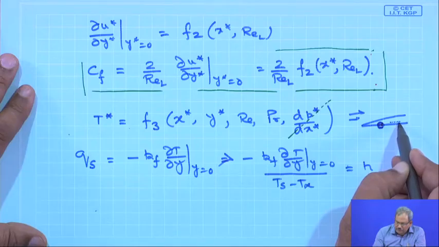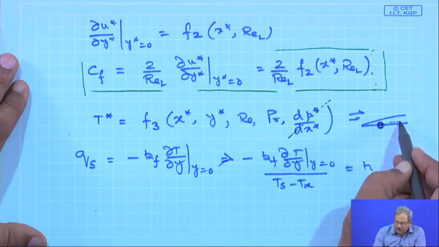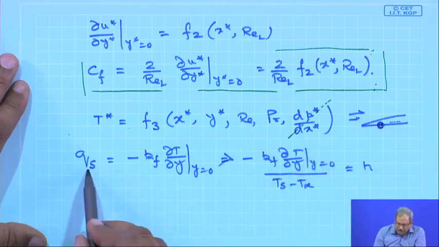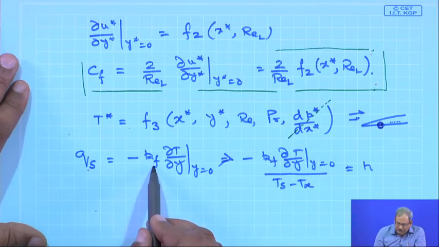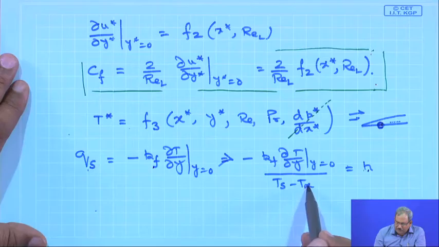So, the heat transfer from the immobile liquid molecules to the mobile liquid molecules, there you have the conduction and convection equality. This Qs can be expressed in terms of Fourier's law. This Qs can also be expressed in terms of Newton's law, which is h times Ts minus T infinity.